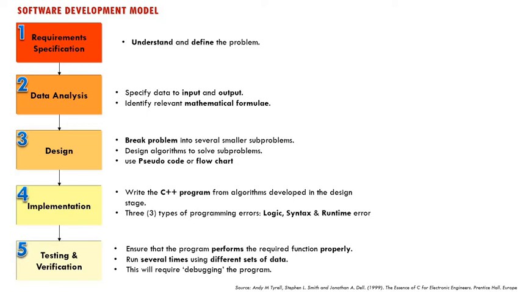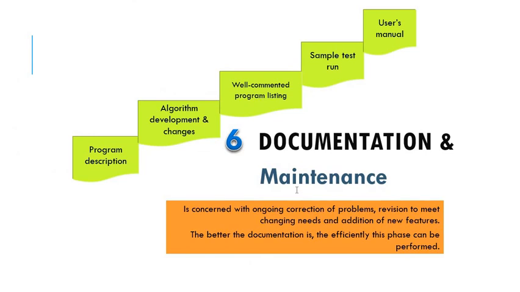And the last one is documentation and maintenance. Documentation you can relate with your lab report. After you did your lab session, you need to prepare the lab report. So that one is the example of documentation.